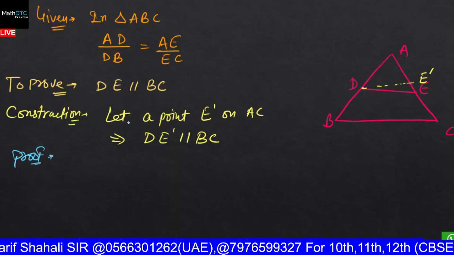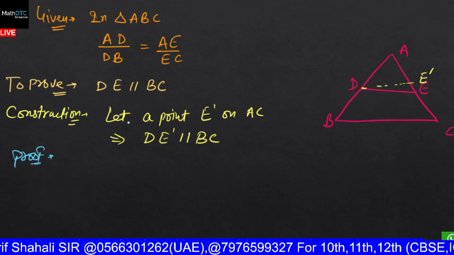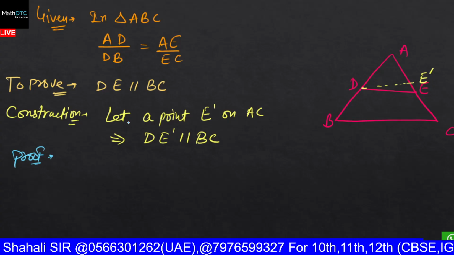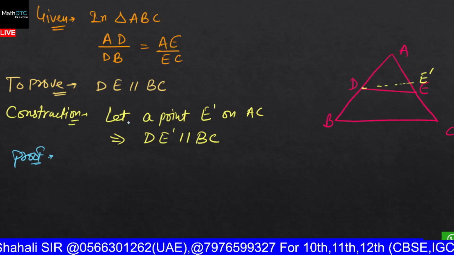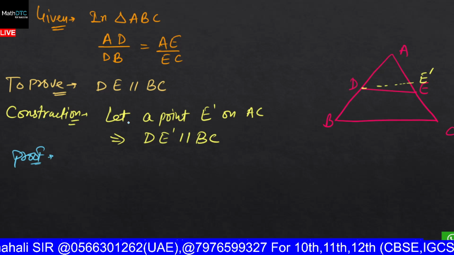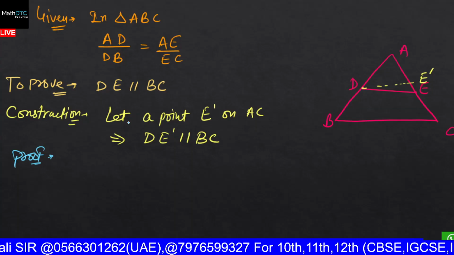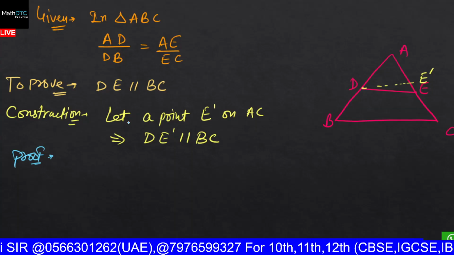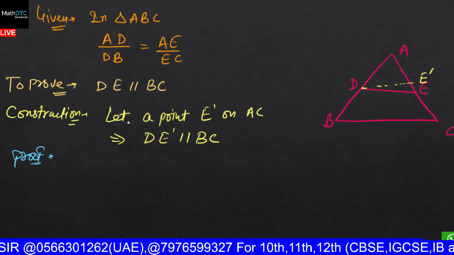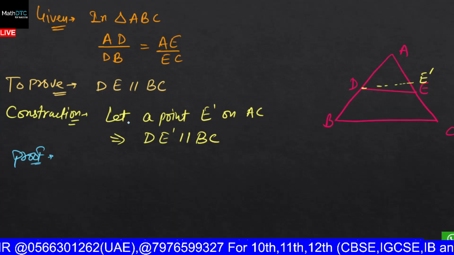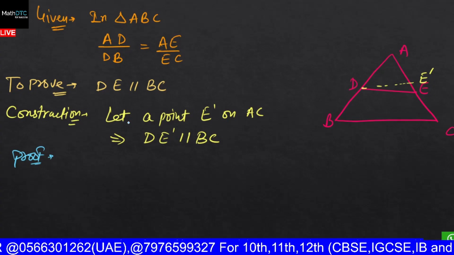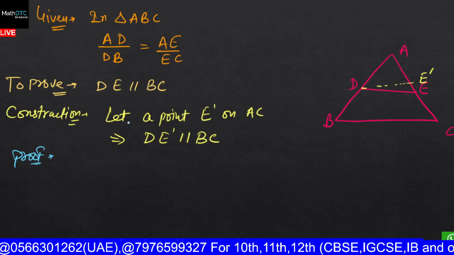Now, we have another point E dash, and now we can say that DE dash is parallel to BC. Do you understand what I'm saying?